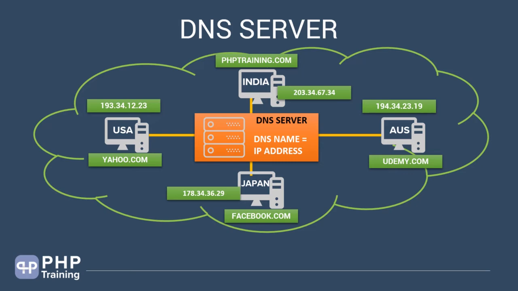In the previous example, when you say ping yahoo.com, ping google.com, the yahoo.com and google.com are nothing but the English names, right? They are DNS names, and conversion of that DNS name into an IP address is done by the DNS server. So remember, in the internet there are DNS servers. The job of the DNS server is to convert the DNS name into an IP address, and once the conversion happens, then it's easy to find those servers in the internet.